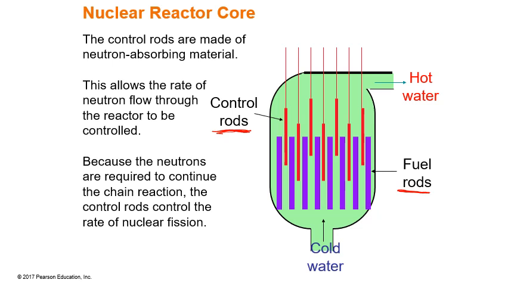By absorbing the neutrons, they take away our reactants that produce the fission, and it allows the rate of our nuclear reactions to be controlled. Our control rods are an essential part of keeping nuclear energy safe.